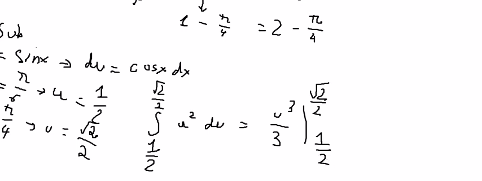We put the bounds in here, and the answer should be negative 1 plus 2 multiplied by the square root of 2 over 24, and that's the final answer.